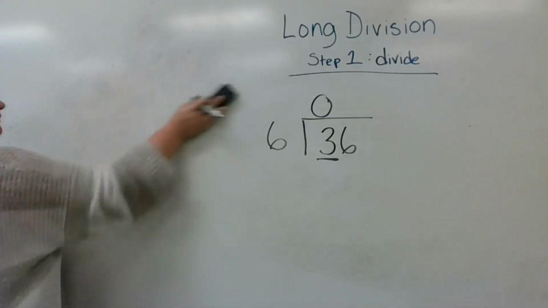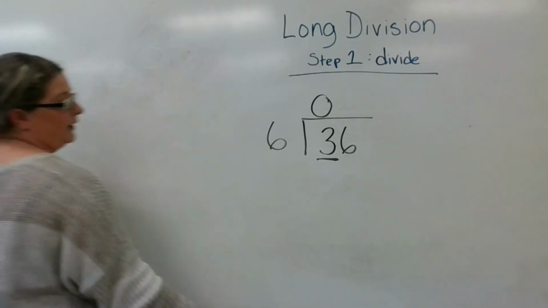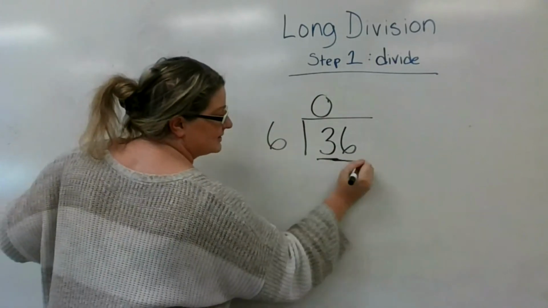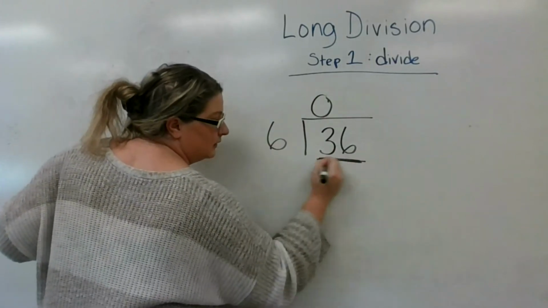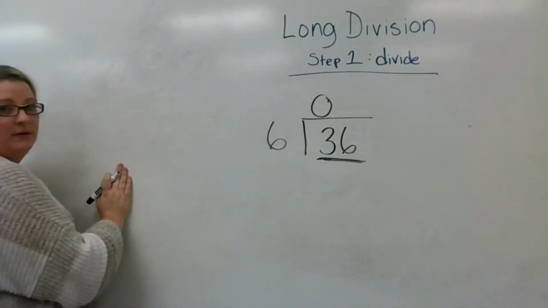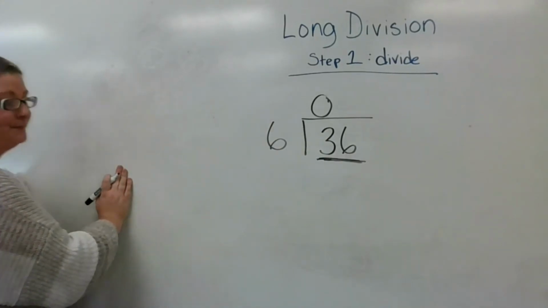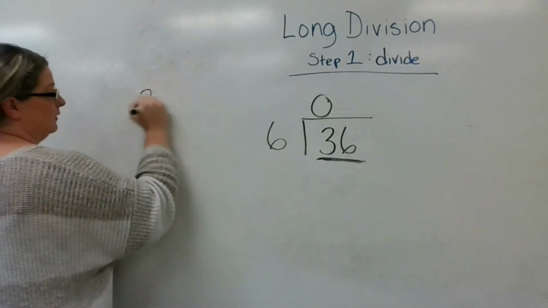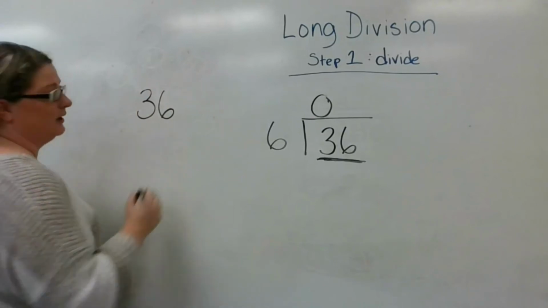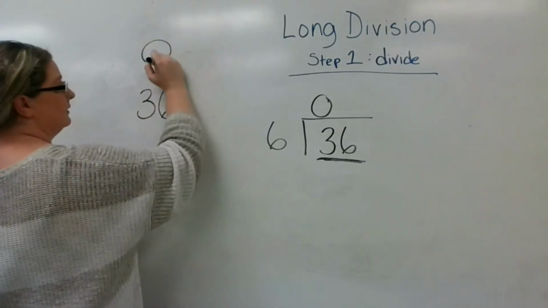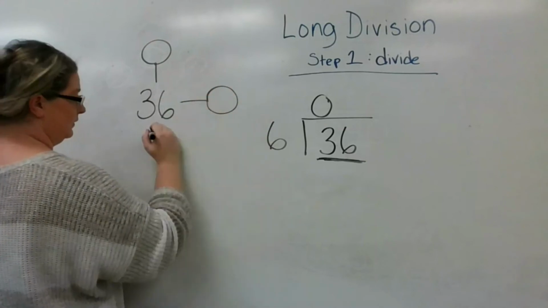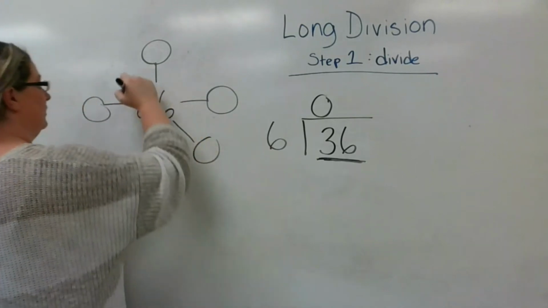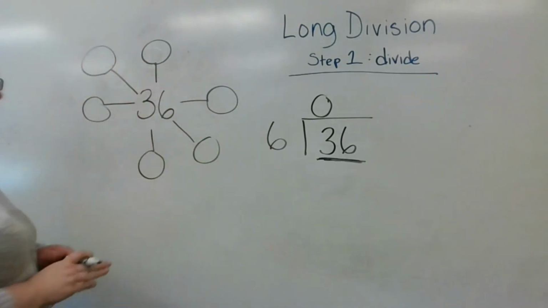All right, so now I'm going to move over, and I have to use this number because I didn't make any groups, right? So I'm just going to extend. So I have 36. And I need to make it into groups of 6. So I have 1, 2, 3, 4, 5, 6. All right, and I have 36.